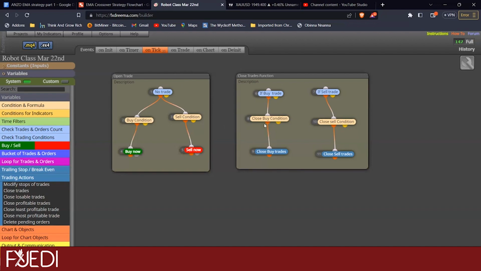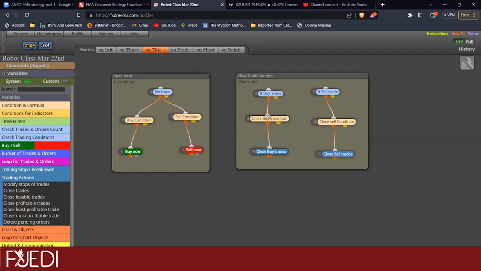At the close of every candle, it is constantly checking the moving averages, because that's what we're looking at here, right? It will say, is there any open trade? So imagine that it has opened the trade. Every time it's asking, okay, is there any open trade? If the answer is yes, it will skip this whole area entirely and come to this side and say, is the trade a buy trade?